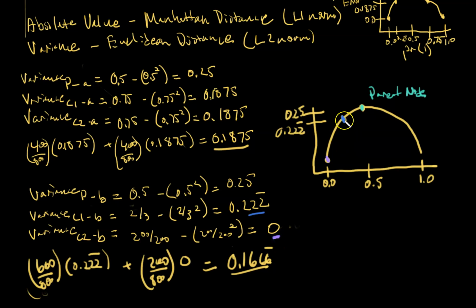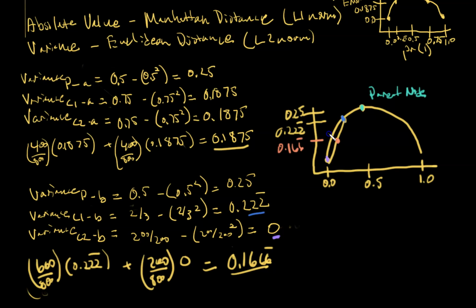We basically took these 2 points and drew a line, and we took a combination, an average of these 2 points, and we end up with a value at around 0.1666 repeating.